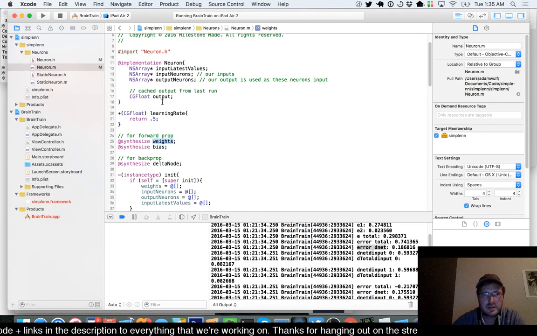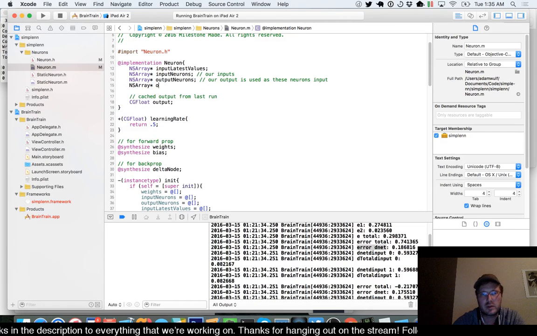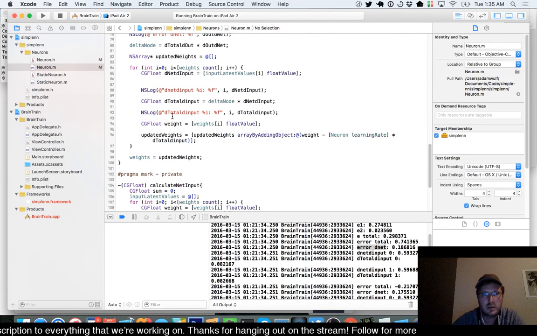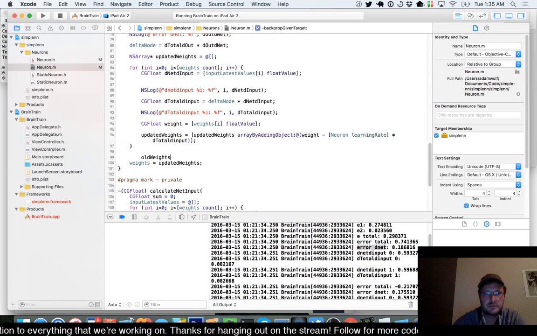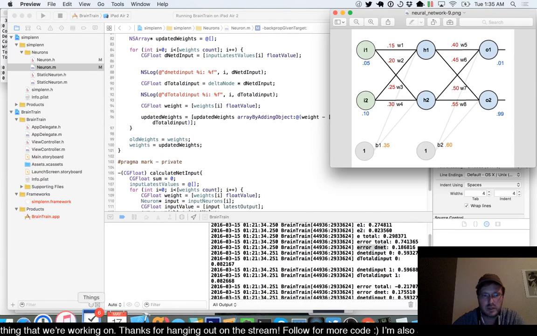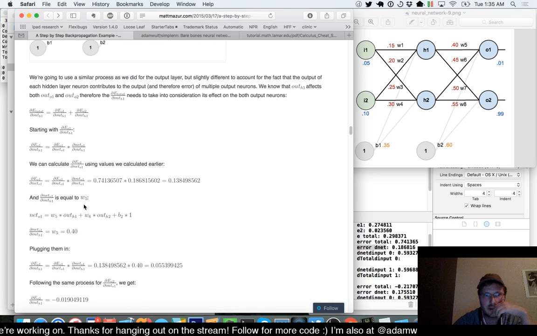So we have weights, and it looks like I'm going to need old weights. Right? Because this is using a 0.4, it's not using the updated weight. It's using the old weight right here, right? So I need to keep it hanging around.